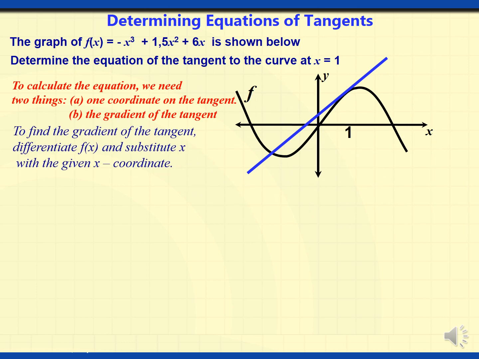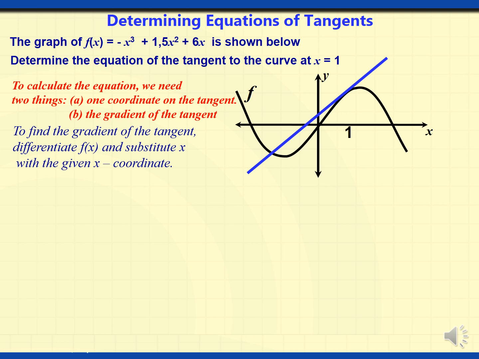First of all, let's start with the gradient. The gradient of the tangent is equal to the gradient of the curve at the point where the two meet. So to determine the gradient of the tangent, remember from the previous lessons, we discussed that the gradient is the derivative.